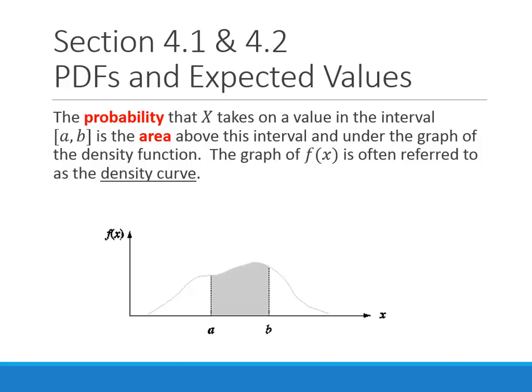The probability that x falls between A and B is equal to the area under the probability density function between those two values. This correspondence between area and probability is what we'll use a lot in this chapter. So f of x is the probability density function. You might also hear me call that just a density curve. That's the terminology we'll be using in this chapter.